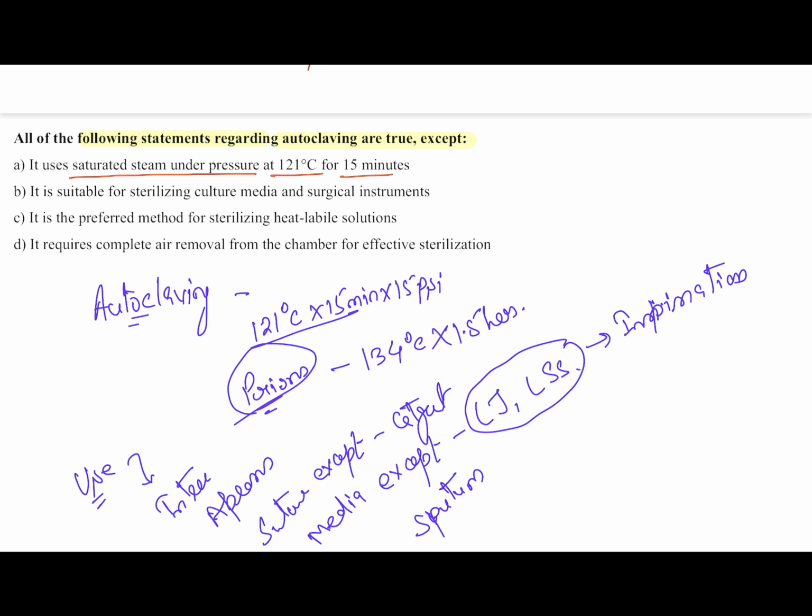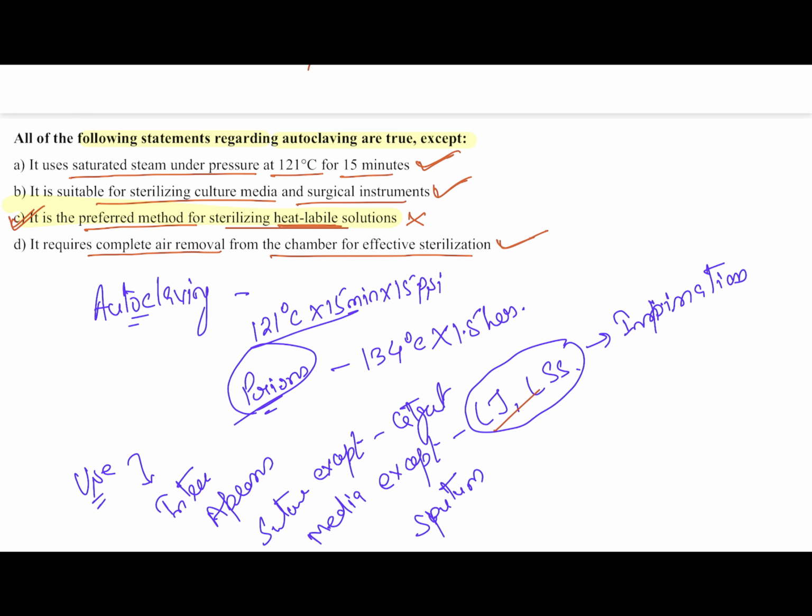Can I use more temperature for heat labile solution which will break down at high heat? No. So the answer will be: preferred method for sterilizing heat labile solution. Whatever heat labile solution we have, we will never use these higher temperature methods. We will use filtration, so they will not get destroyed.